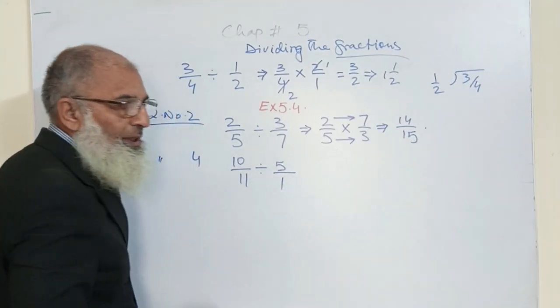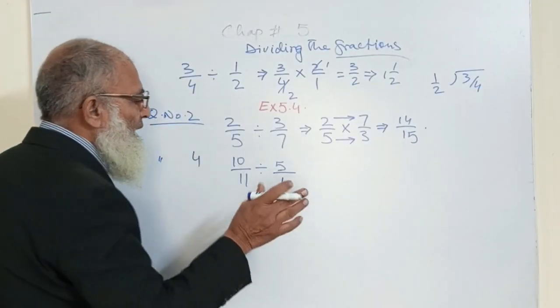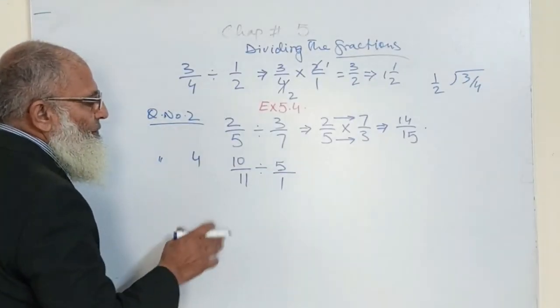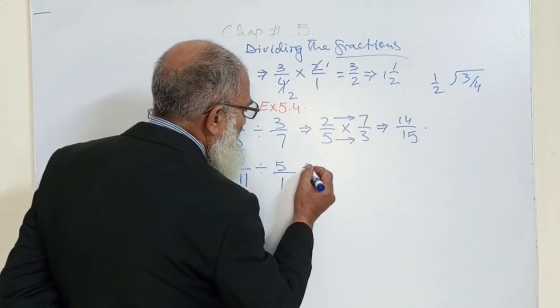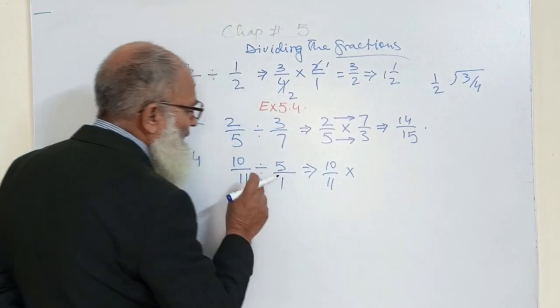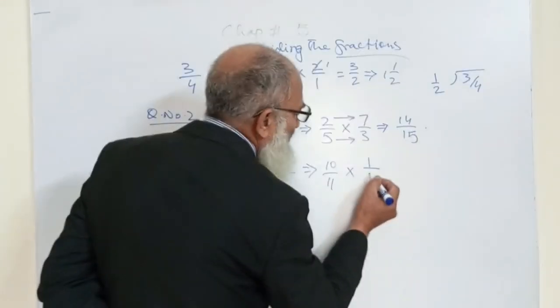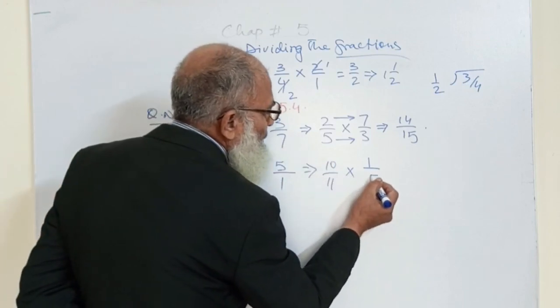You just place 1 under it, because it is understood that with every whole number there is 1 under it. So don't forget to write 1. So what will happen over here? Again 10 upon 11 and multiply the same. The sign will be changed, and we are going to invert or reciprocate this fraction.